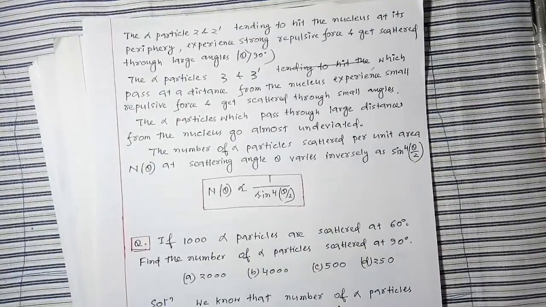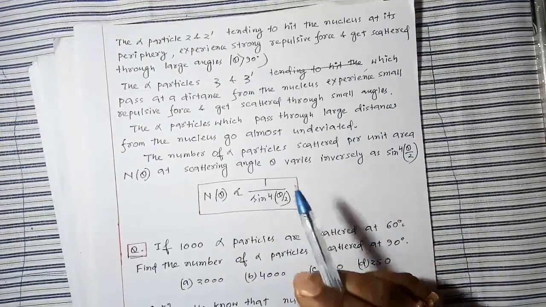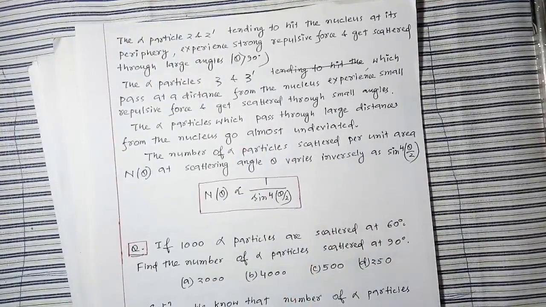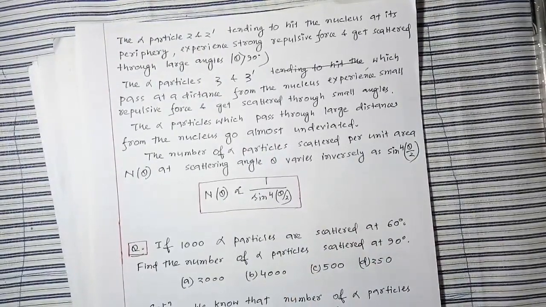Sine 0 is 0, 30 is half, 45 is 1 by root 2, 60 is root 3 by 2, and then 90 is 1, right? That means if the value of theta increases, the value of sine theta also goes on increasing.